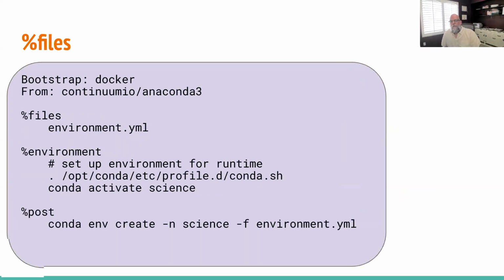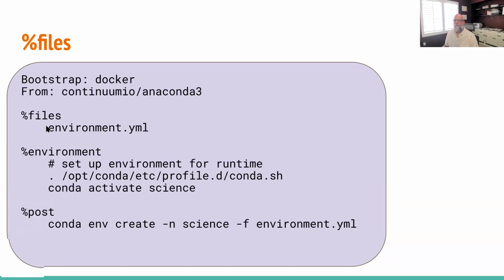Another section that's good to know about is the percentage files. And this is when you build your container, if you want to inject files into the container. So for example, let's say you have a repository and you want to build a conda environment, but you have an environment file. And that environment file is needed down here in the post section, right?